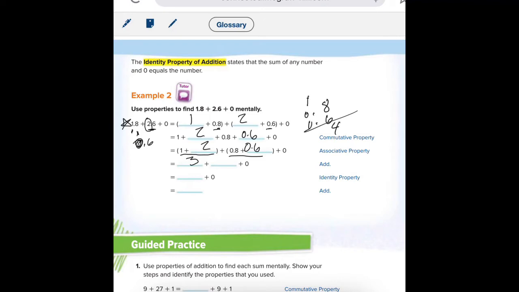And remember, there's a placeholder there. Bring that down. We have 1.4. Then we can add 3 plus 1.4, and that's going to equal 4.4. And 4.4 plus 0, right here's where the identity property comes in, is just 4.4. Easy peasy, lemon squeezy. This one had all of the properties: the commutative, the associative, and the identity.